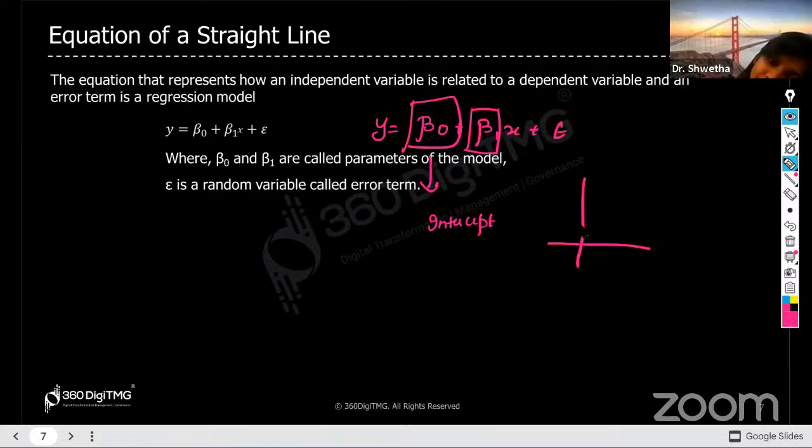This would be our x, this would be our y, this would be beta naught, this would be the slope. This slope can be calculated by using this minus this value. And epsilon would be the error term.